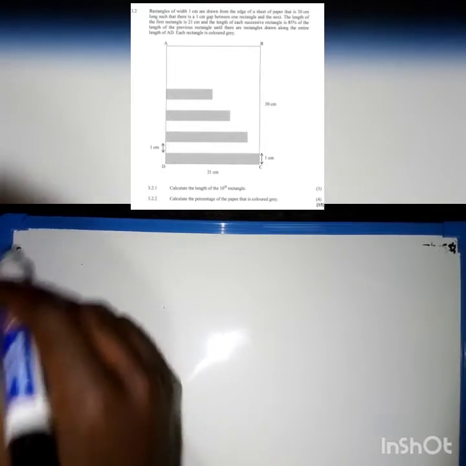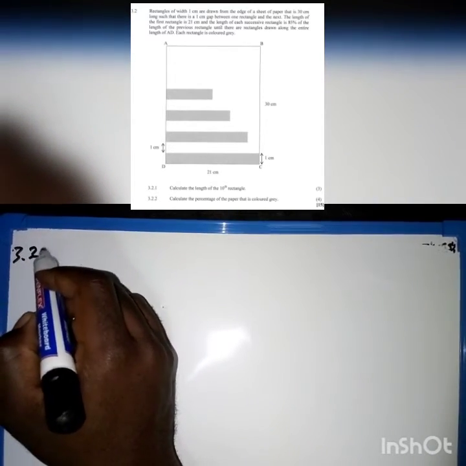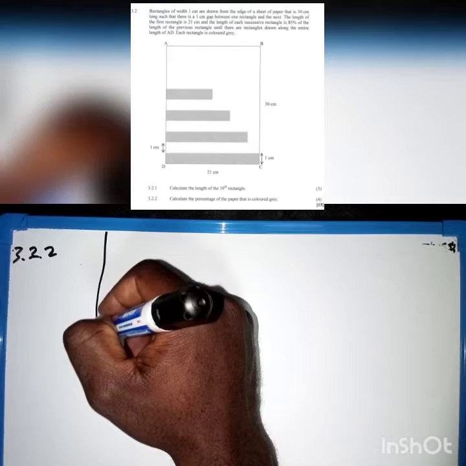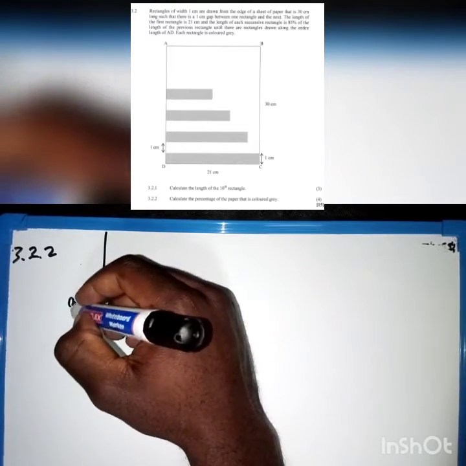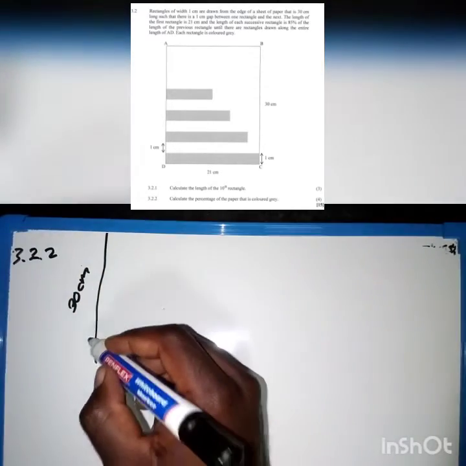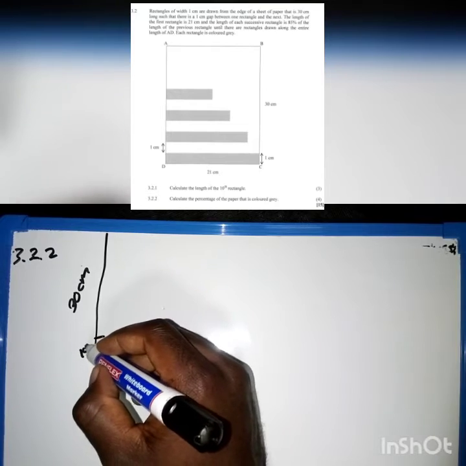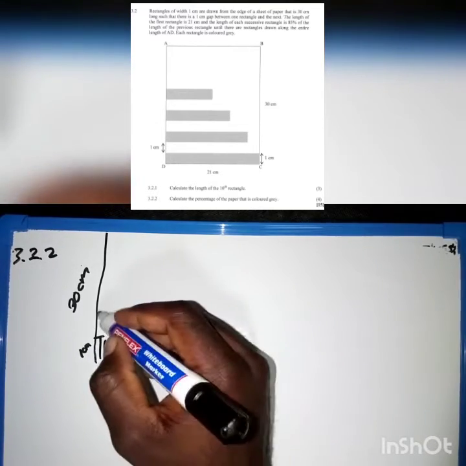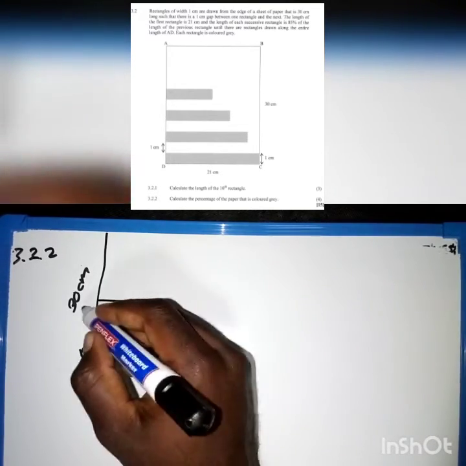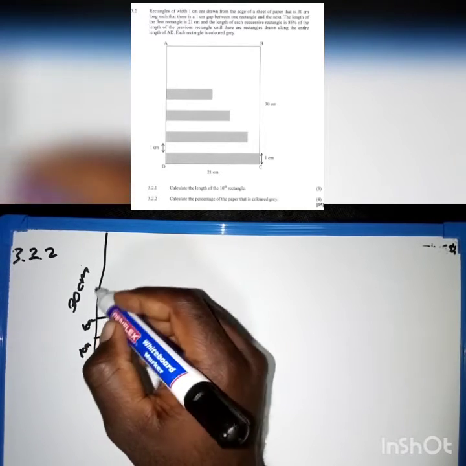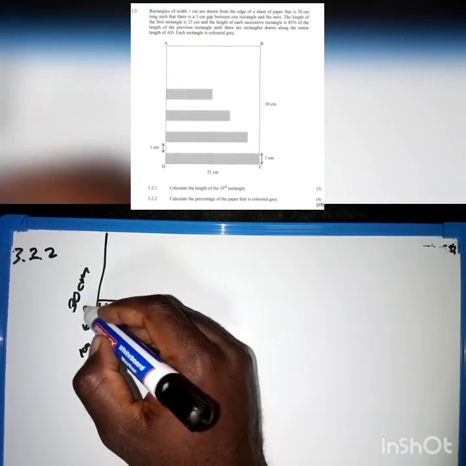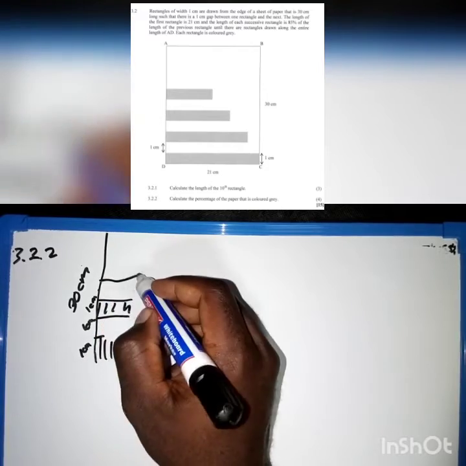Alright, for question 3.2.2, we are given here that it's 30 centimeters, right? Between each block, this is 1 centimeter, then you've got your gray block, and 1 centimeter here, and then a gray block, which is also 1 centimeter, and it carries on like that.